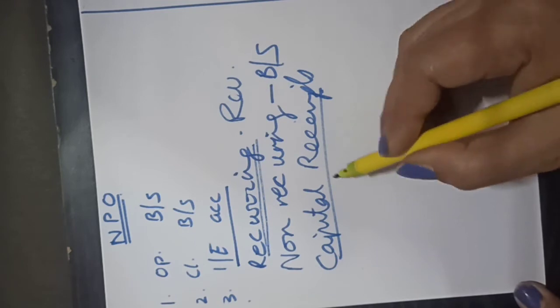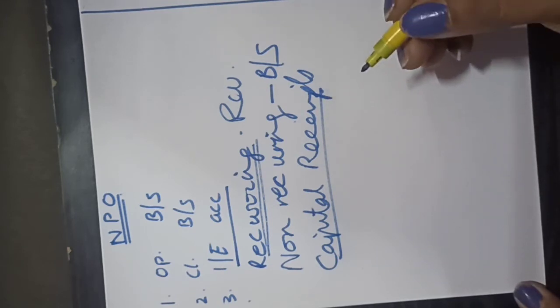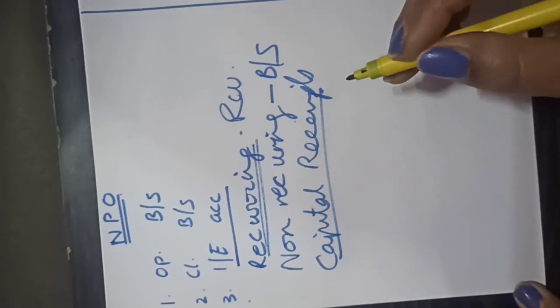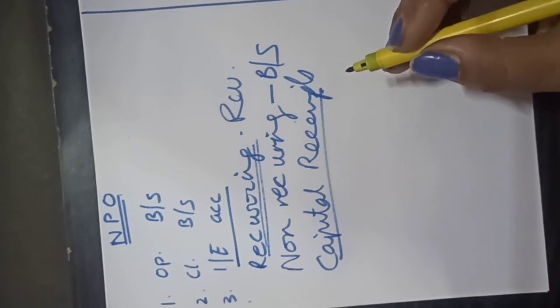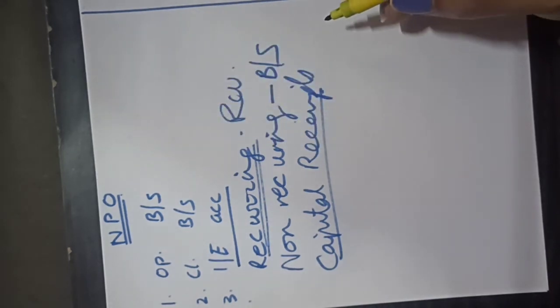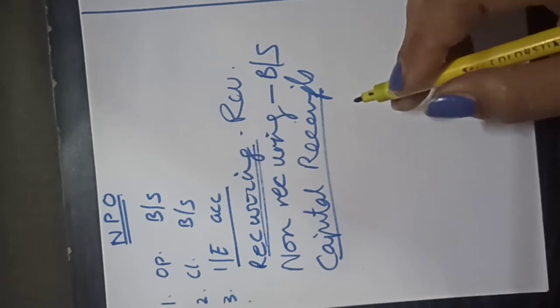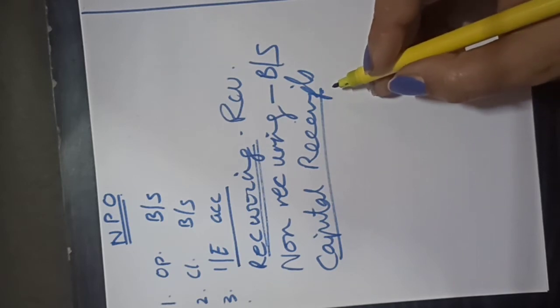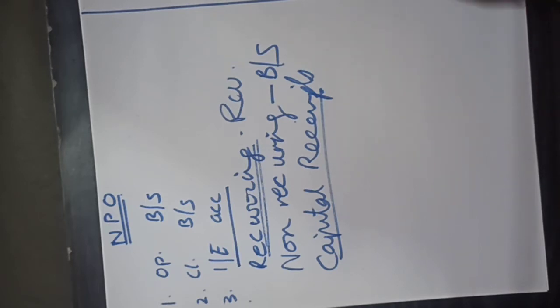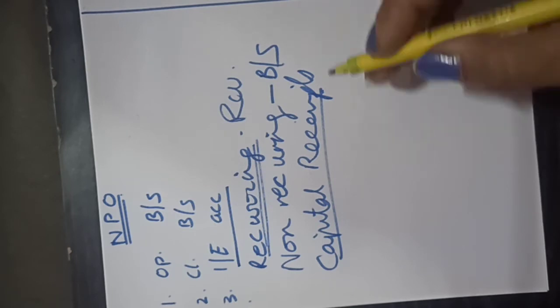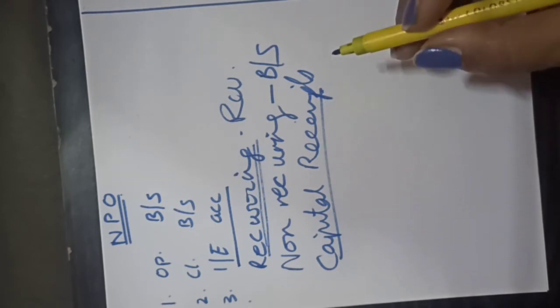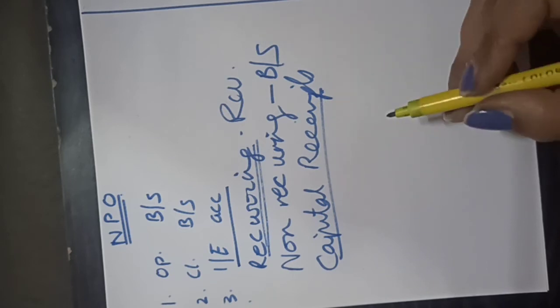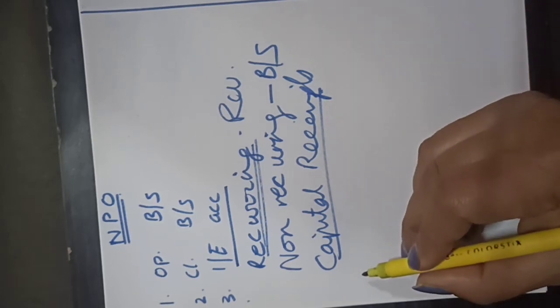Capital receipts means all those receipts, all those incomes that generate benefits for the organization, for the NPO, in the current year, and the benefits will also keep accruing for them with the same amounts, relating to the many future years to come. They are called the capital receipts. So, the non-recurring nature. Now the main capital receipts.